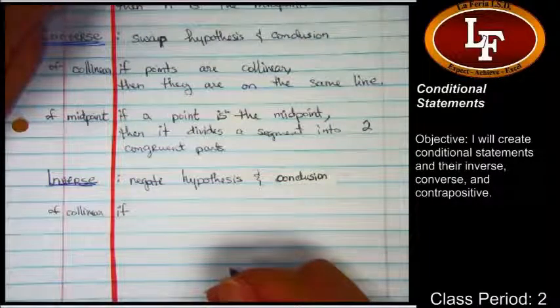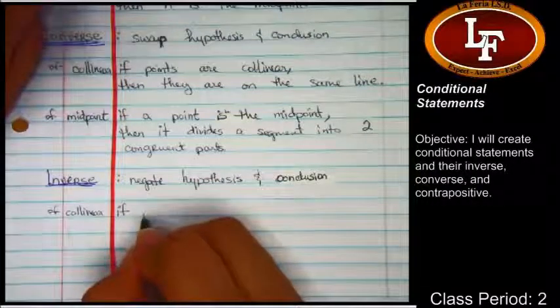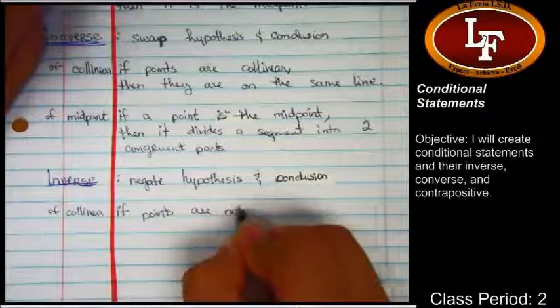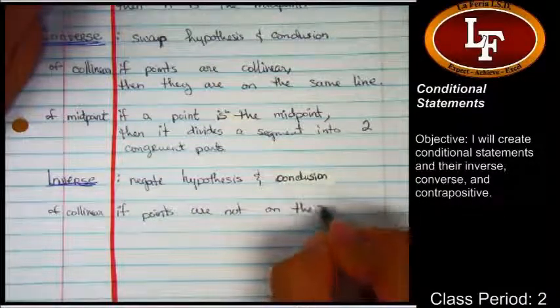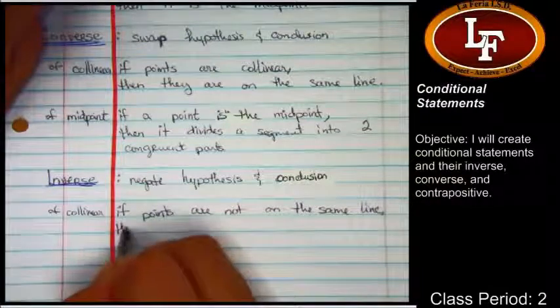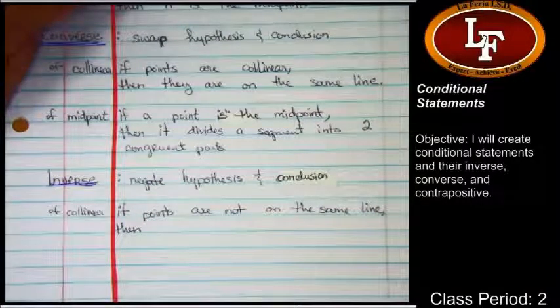Make it mean the opposite. Points are not on the same line. Then the original conclusion was they are collinear. Negate it. Then they are not.